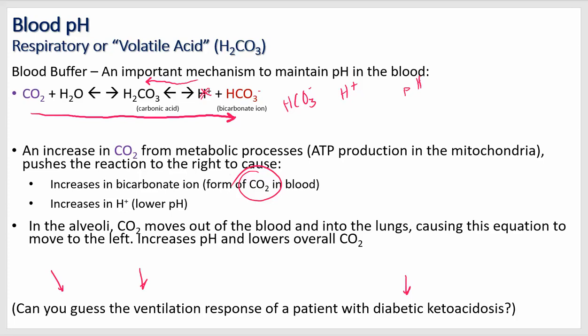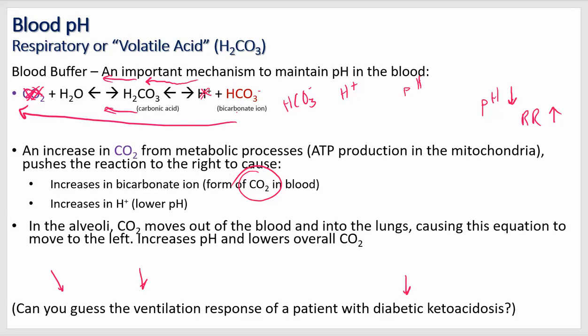So as your pH becomes lower, your respiratory rate will become higher, because you're trying to push this equation to the left. You're trying to get rid of carbon dioxide. If you get rid of carbon dioxide, it just keeps moving to the left. Now, if you hold your breath, then carbon dioxide builds up and your pH will go down.